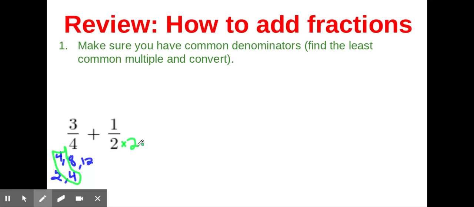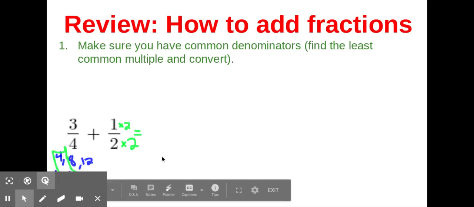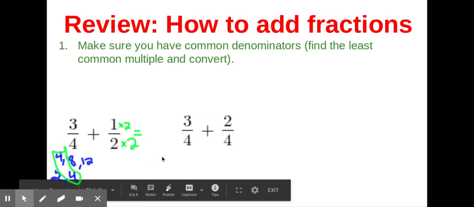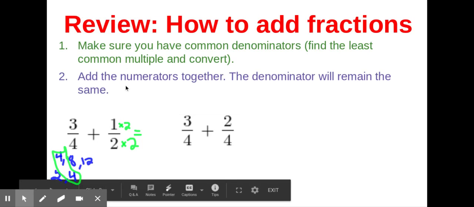Now, if I multiply the bottom by 2, I have to do the exact same thing on the top to keep the fraction equivalent. Okay, so in the end, it has the same value. So I end up with 3/4 plus 2/4.